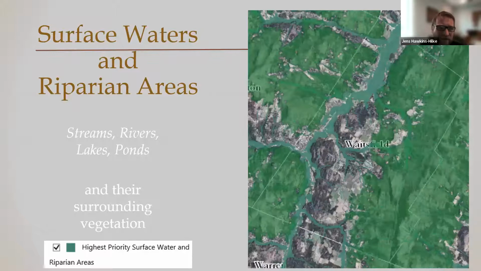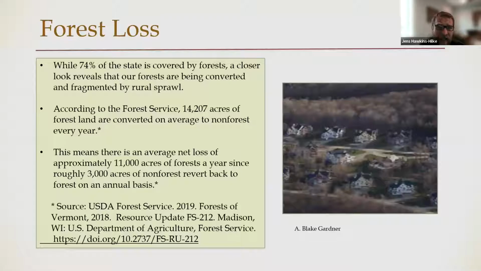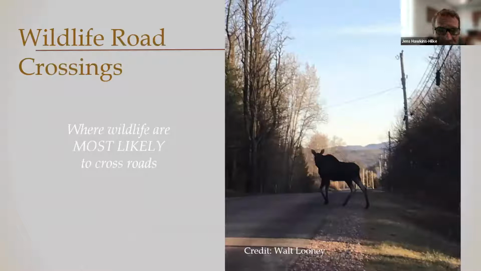And here's the map. I'm sorry that I used two colors of green, but you can see the lighter color of green in the middle, the Mad River Valley, and the extent to which it brings together the forests from the east and the west in Waitsfield. And then these wildlife road crossings. And again, I'll show you the Waitsfield map. Oh, sorry, my animation didn't work.